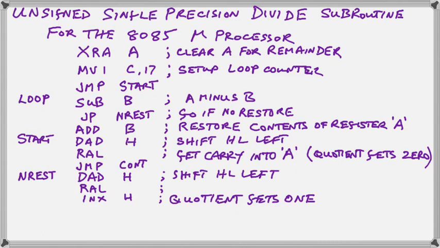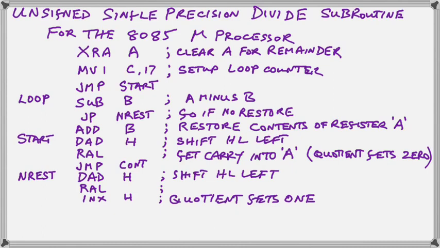Okay, now these three lines of code look very similar to the two above. We have another shift left and a rotate of the A, but this time we've added an increment instruction. So we're going to increment the HL register pair because at this point, if this no restore piece of routine is executed, it means that we were successfully able to subtract B from A. So we need to put a 1 in the quotient.